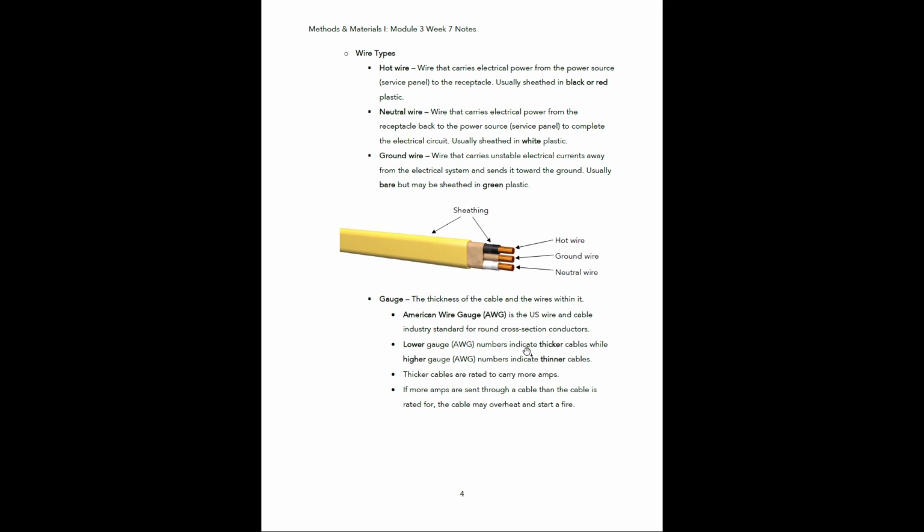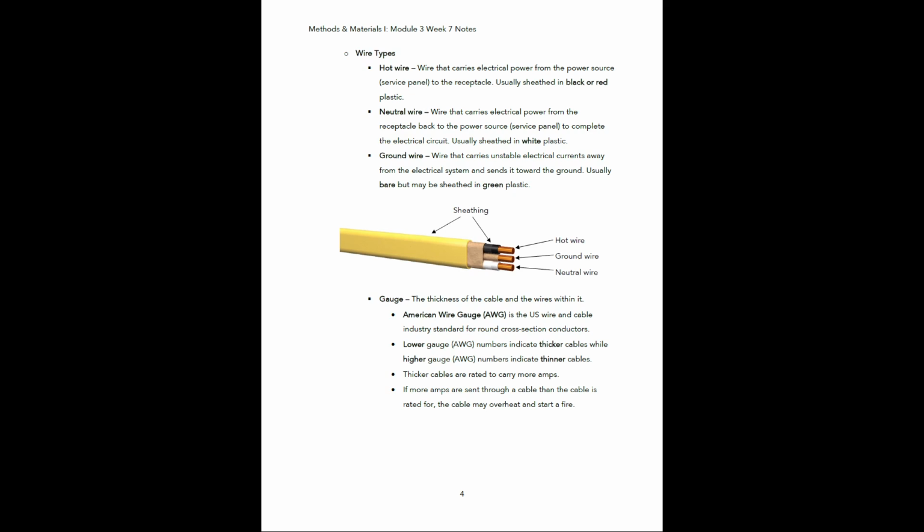A lower gauge number is going to indicate a thicker cable, while a higher gauge number is going to indicate a thinner cable. All right, so remember this. If I were to compare a 12 gauge wire to a 14 gauge wire, the 12 gauge wire is going to be thicker than the 14 gauge wire, and that might not be what you're expecting.